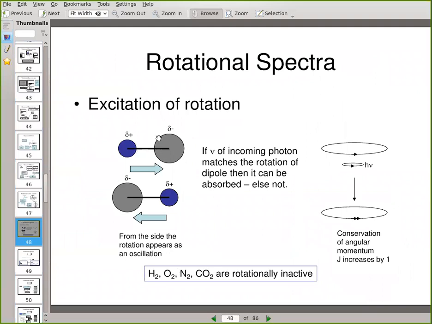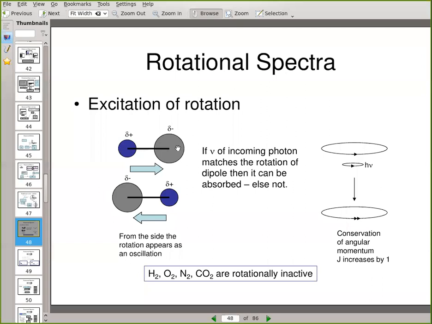You see, if you want to get something that's rotating with a certain energy, and you want to give it enough energy to go to the next rotational energy level, you've got to give it an incoming photon. It's got to be able to absorb the energy from an incoming photon, which means that you need to have some differences in the atoms so that photon can be absorbed.